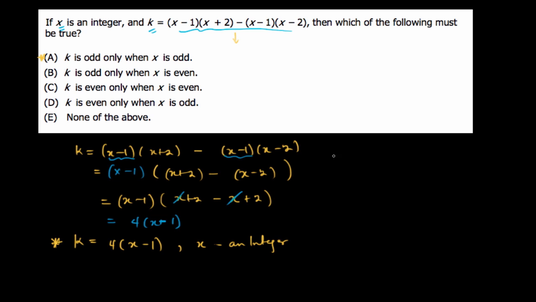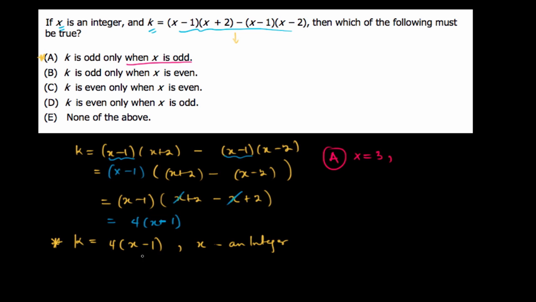I'm going to call this a. So it says when x is odd, k is odd. Is that true? Let's see. Since it says x is an odd number, let's say x equals 3, and then we would find k.